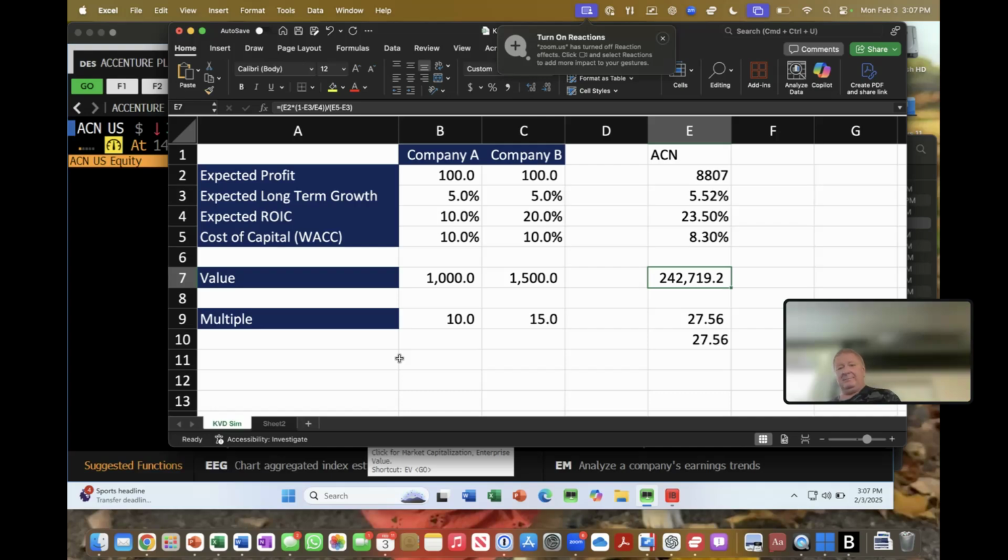By the way, if Accenture could start growing at 6% a year or 7% a year instead of 5.5% a year, long term, 7, their share price would double. 7% growth versus 5.5% growth, doubling the share price because of compound. They grow at 6% a year. Their share price would go up by 20%.